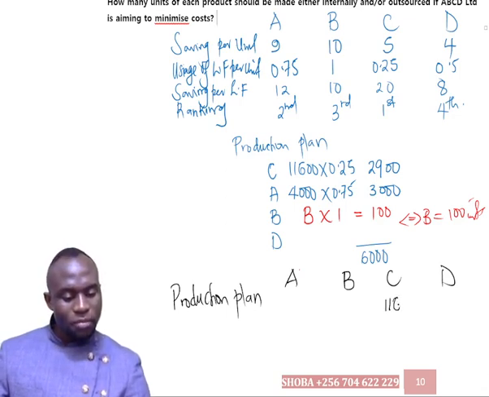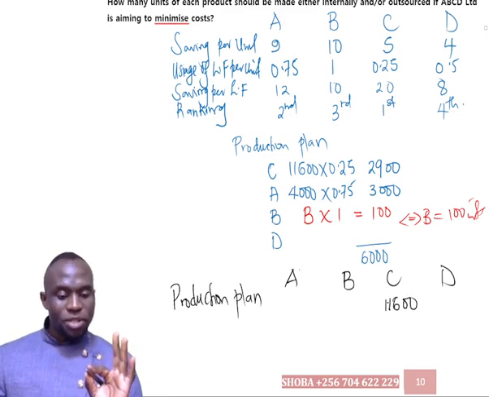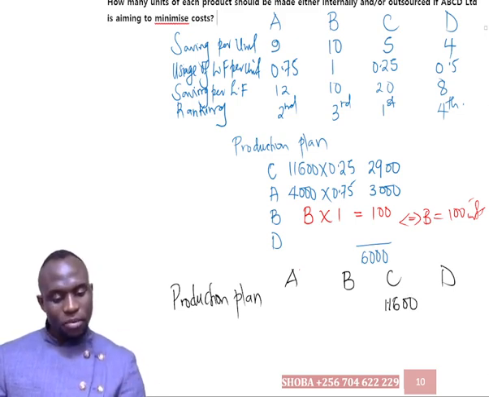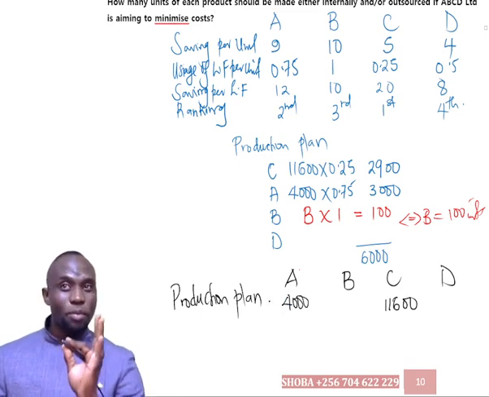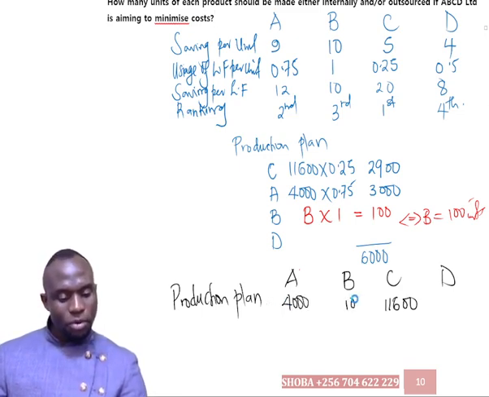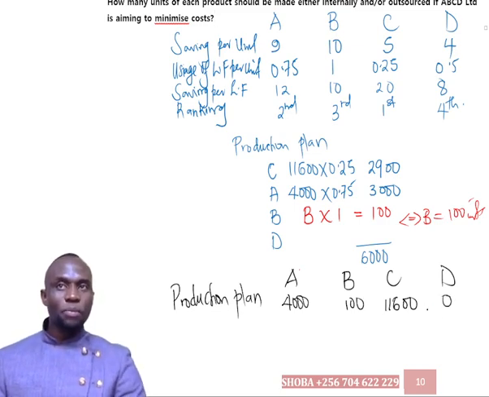It is 11,600. Then for product A, we have to produce all the 4,000 units. For product B, we have to produce 100 units, and for product D, it is 0. So this is the production plan.